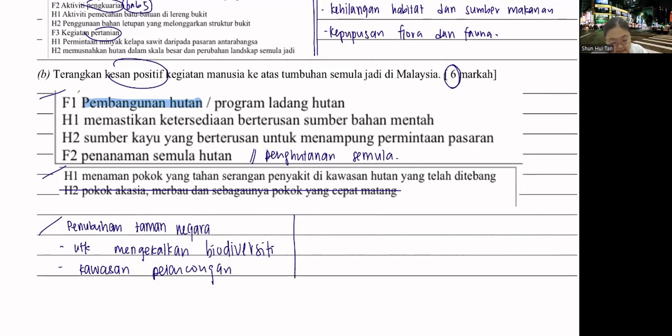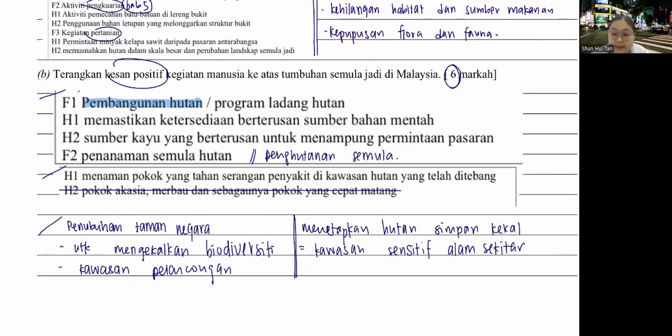Now, the next one that you can also say is what? Menetapkan hutan simpan kekal. Let me just complete this. Permanent reserve. Okay? Now, you can say, iaitu kawasan sensitif alam sekitar, which is hutan yang penting dan berharga, bernilai tinggi.